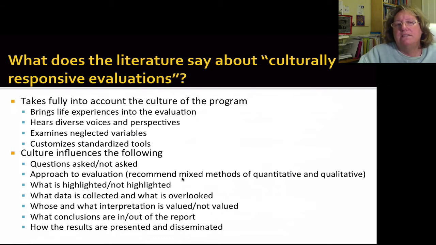It's about examining often neglected variables in standard evaluations. And it's also about customizing standardized tools that have often been normed, studied in dominant culture environments. And so what we want to do is bring a cultural appreciation into the foreground and customize some of those tools. You actually have a major project in this course. Your final paper is about customizing an evidence-based practice.